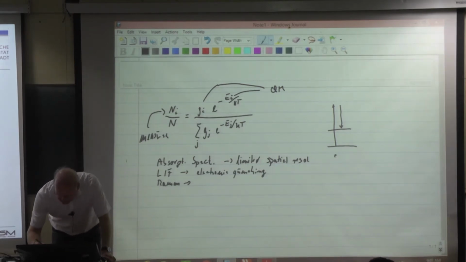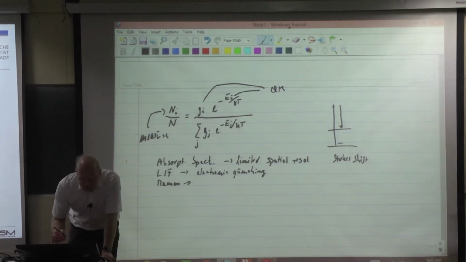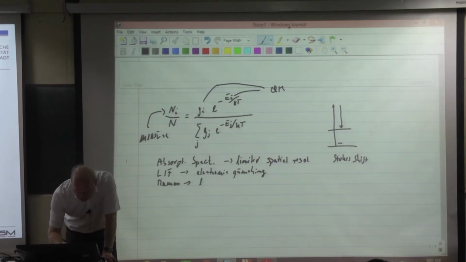This would have been here the Stokes shift, where we end up in a higher quantum state. And if you do that from different levels, of course, you would as well get access to these number densities, this fractional population.